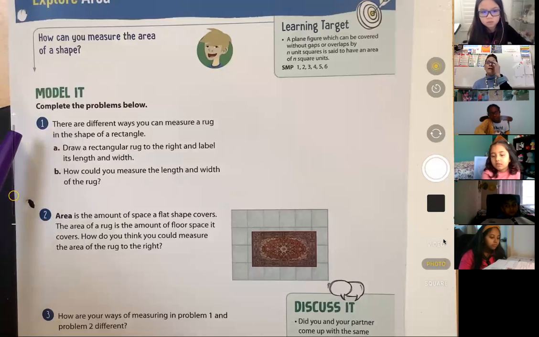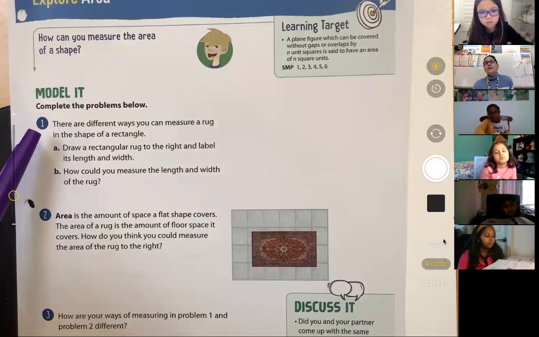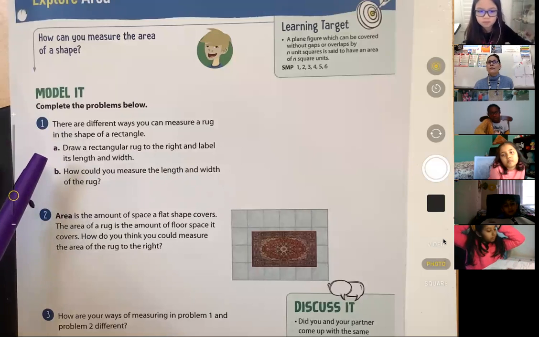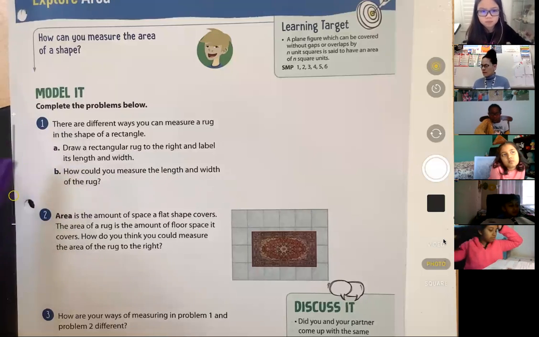We all know what a rug is, right? A rug is like a carpet. So there are different ways you can measure a rug in the shape of a rectangle. So it says to draw a rectangular rug to the right and label its length and width.